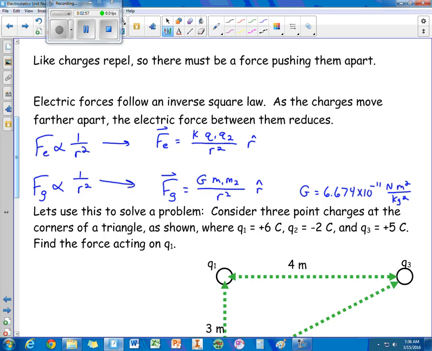This time, K is Coulomb's constant. And in this one, K is 9 billion. It's really large. And it's newtons meter squared per coulomb squared. Remember, the charge is measured with coulombs.